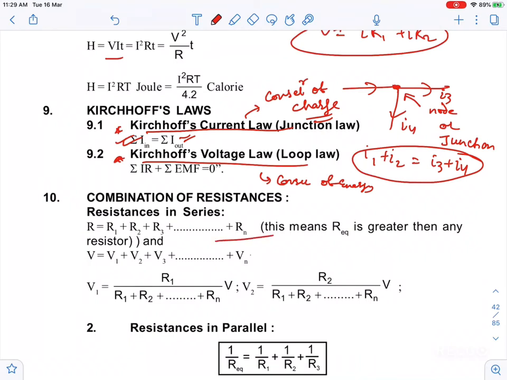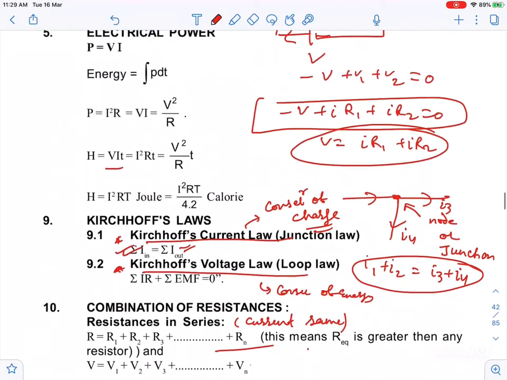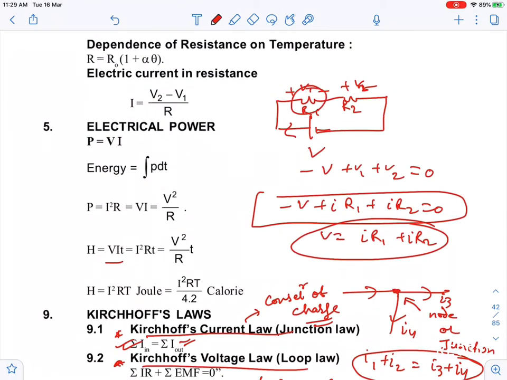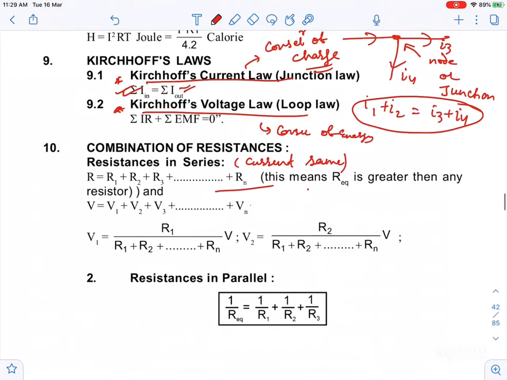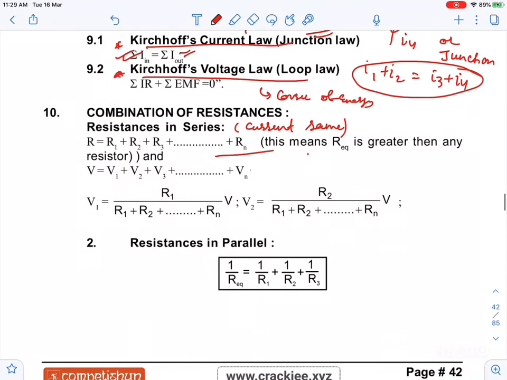Combination of resistance, as you have studied in class 10th: in series, R is equal to R1 plus R2 plus R3 up to Rn, the current is the same, and the potential differences add, V is equal to V1 plus V2.